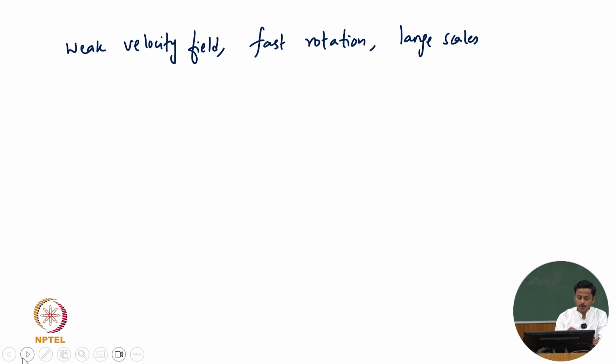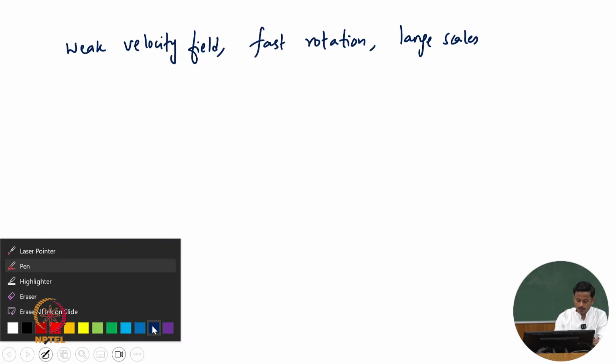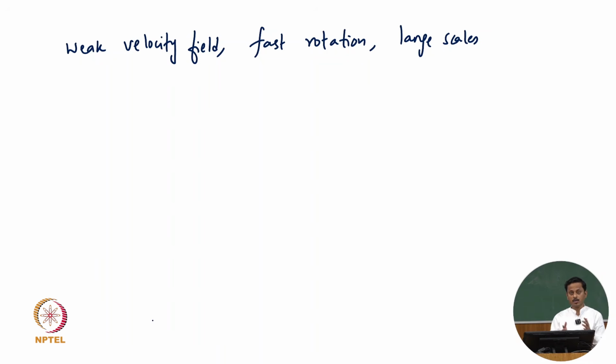So we now introduce a new scale. If you recall, in the non-dimensionalization topic, we had introduced scales for velocity and for length. Now we introduce a scale for the wave speed. We have a shallow water system, and we want to understand waves. So let's define a scale for wave speed.